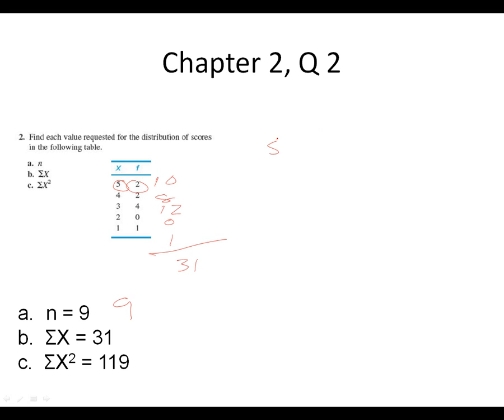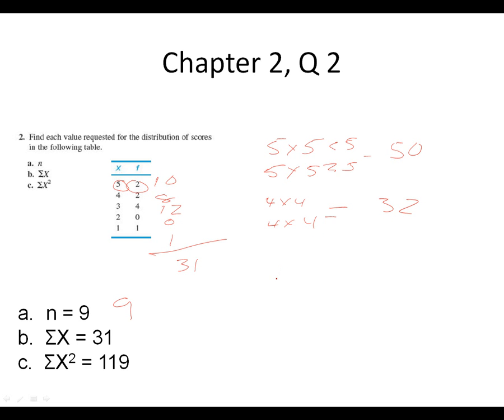So we have 5 times 5 and 5 times 5, and of course that's 25 and 25, so it's 50. And the next value is 4 times 4 twice, so 4 times 4, 4 times 4, and why am I doing it twice? Because the frequency is twice, and the value is 32.